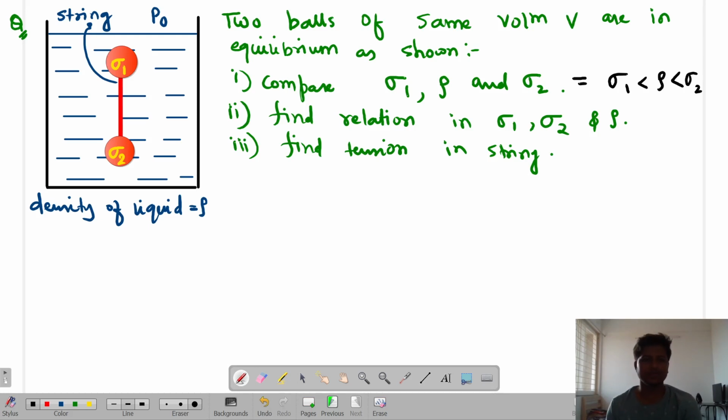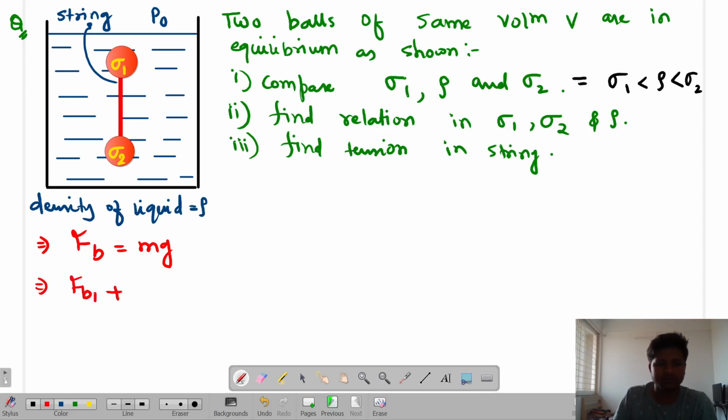Next thing, whatever happens, you know that force of buoyancy must be equal to mg. There are two different bodies. FB1 is equal to, there are two different masses.